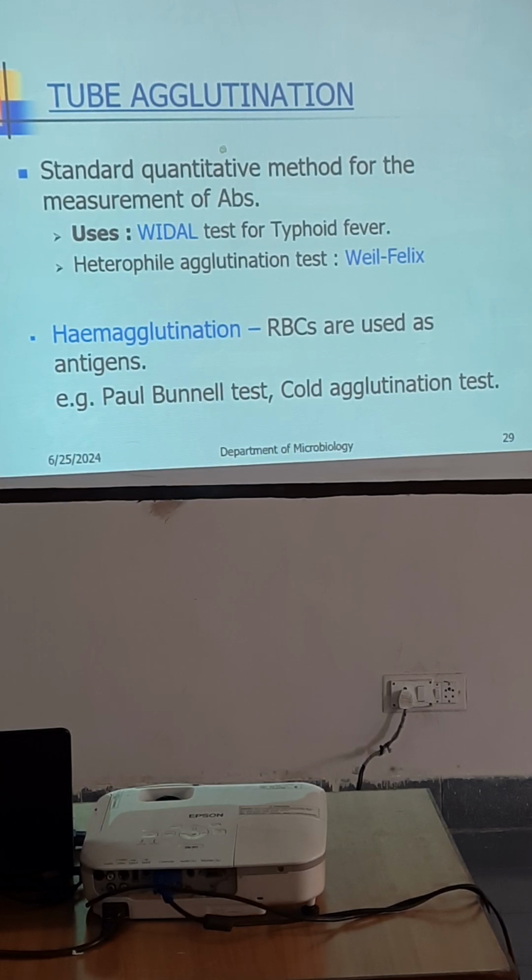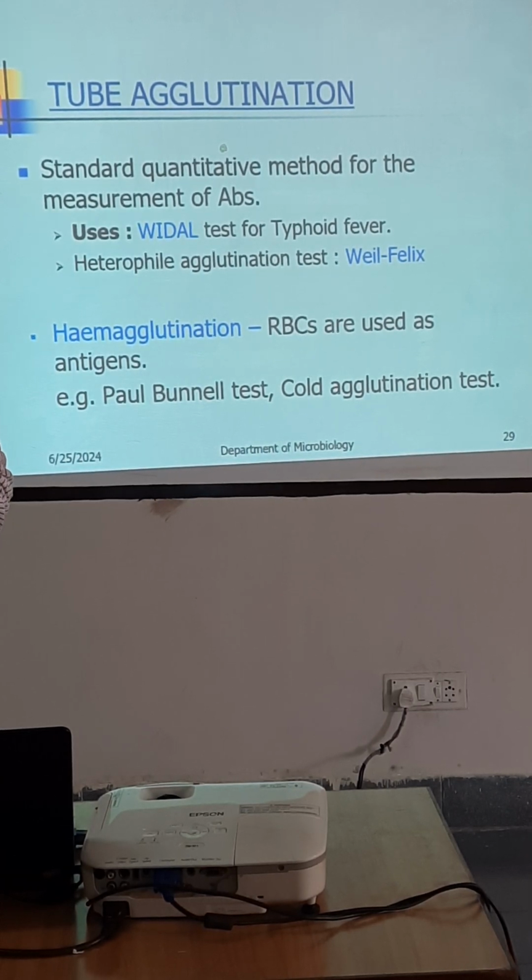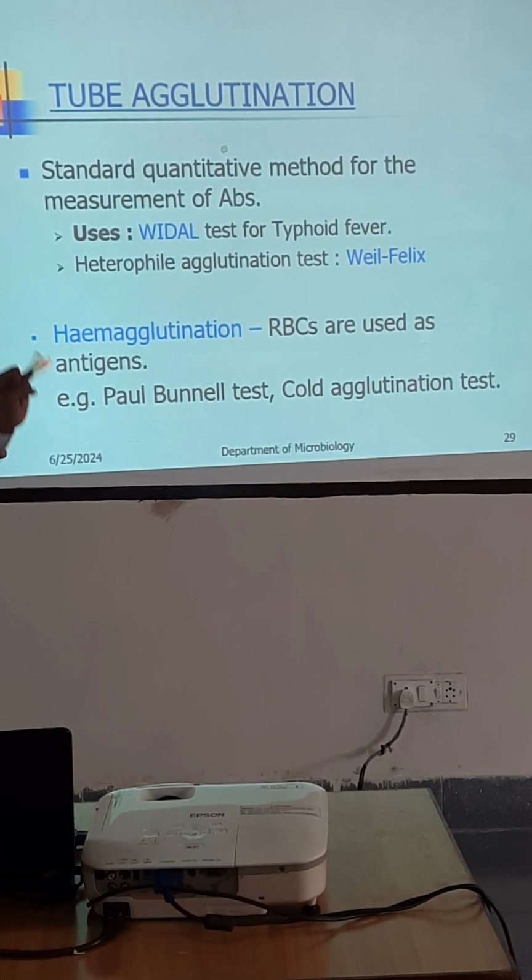Okay, so this is called the tube agglutination reaction. Weil-Felix is for rickettsial fever and Widal is for diagnosis of typhoid fever.